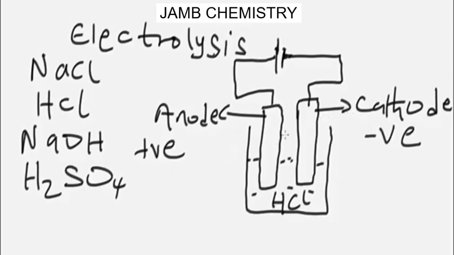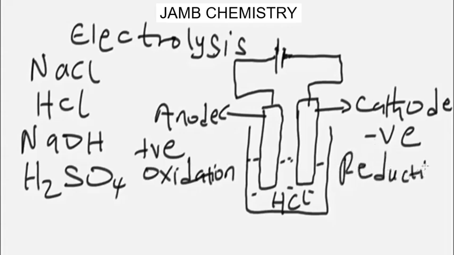Note again that at the anode, the positive electrode, oxidation occurs, whereas at the cathode, the negative electrode, reduction occurs. Very, very important concepts on how to differentiate anode from cathode in an electrolytic cell. So at the anode, oxidation occurs, at the cathode, reduction occurs. The anode is positively charged and the cathode is negatively charged.